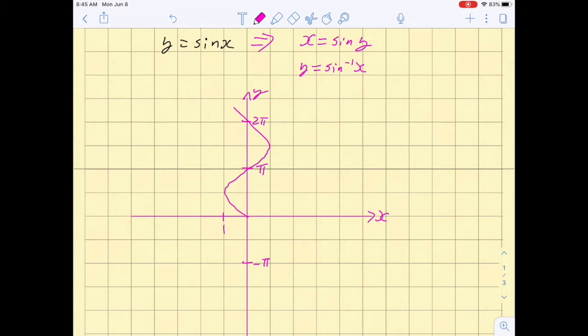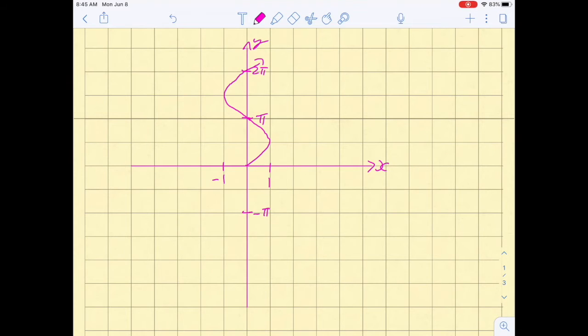Oh, I'm doing it upside down again, though. That should be -1. That's 1. So I've been turning my tablet on my side to do the writing, and it makes it look upside down from here. There we go. So that's in the positive direction. Coming down this way. 2 pi. Get something like that.